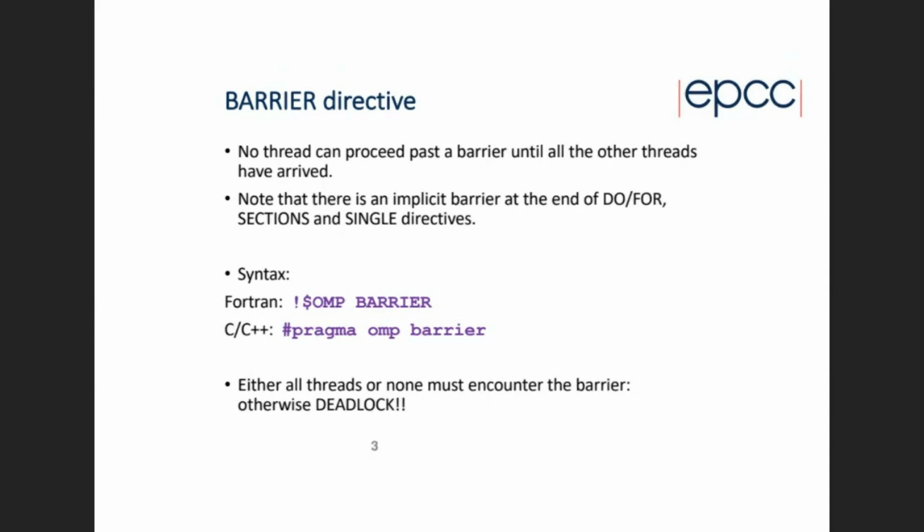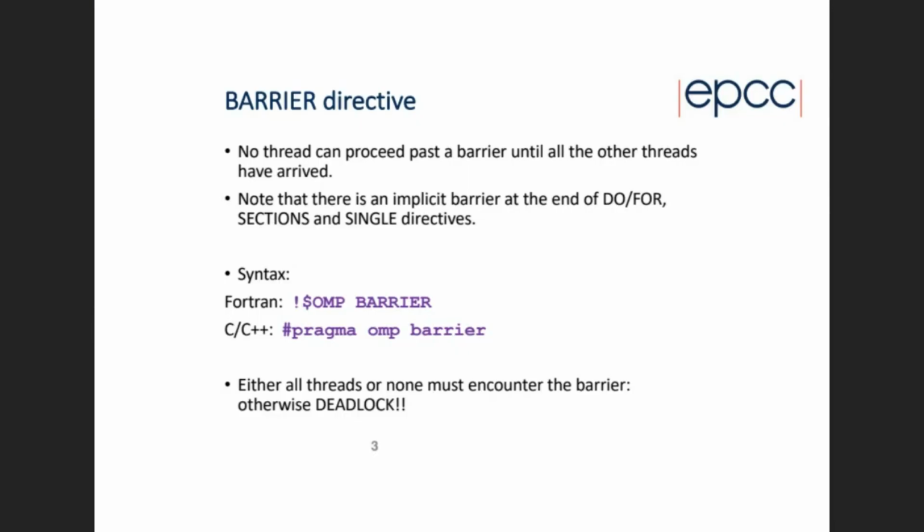Otherwise, if some strict subset of the threads reaches the barrier and the other ones don't, then that will just deadlock. The threads that were waiting at the barrier are expecting all the threads in the parallel region to turn up at some point, and if they never do, then those threads will never get released from the barrier.